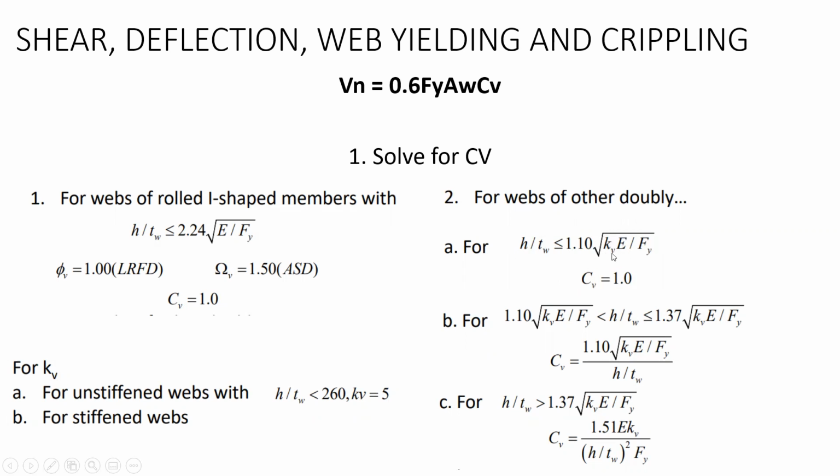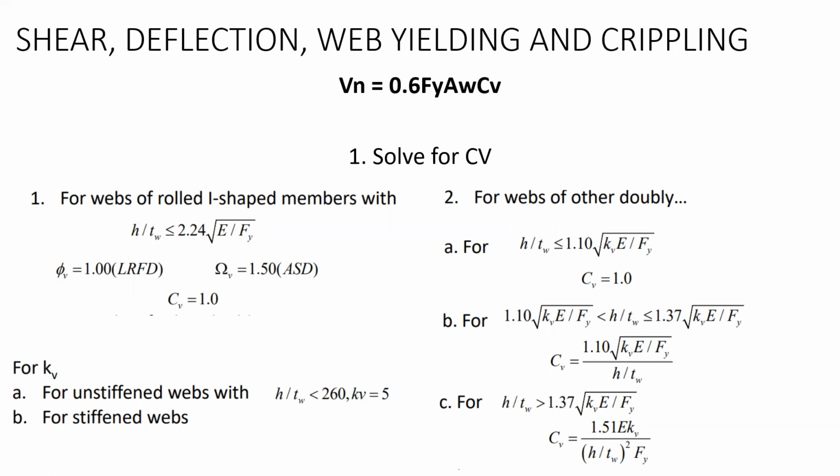So yung Kv, dito natin siya makikita. So for unstiffened webs, we have h over tw is less than 260, Kv is equal to 5. If not, may isa pa tayong formula. And then next, if in between siya ng 1.10 square root of Kv E over Fy, tapos 1.37 square root of Kv E over Fy, ang gagamitin mong Cv is this one: 1.10 square root of Kv E over Fy, over h over tw.